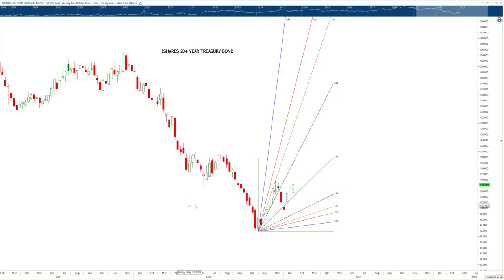And you can see that, except for the fact that this one took it out slightly, was more or less holding the 1 by 1 drawn up from low. So that's pretty cool. And as you recall, there was a 1 by 1 down from high that gave you support right here.